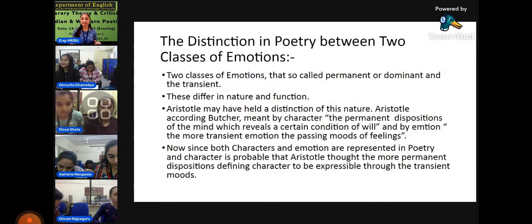Now, since both characters and emotions are represented in poetry, it is probable that Aristotle thought of character as the more permanent disposition, expressible through the transient mood.